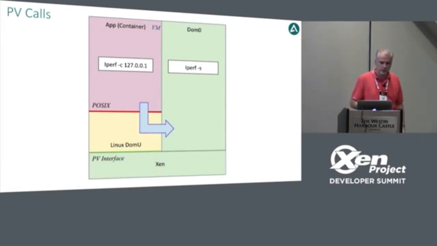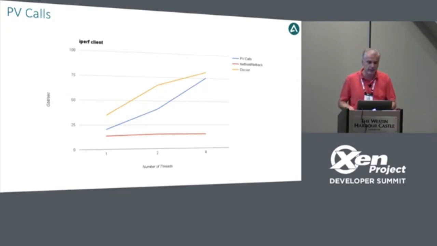The first test assumes we have an app container running inside a guest using the technique that I explained, and we have DOM0, and we run an iperf test to measure raw throughput from the container to DOM0. And the first results that we got are these.